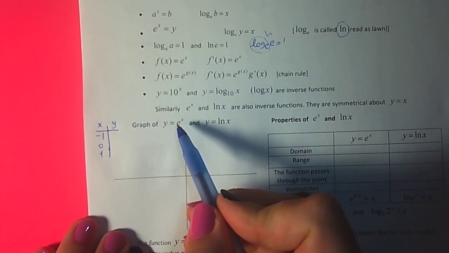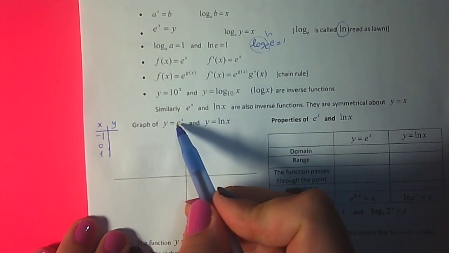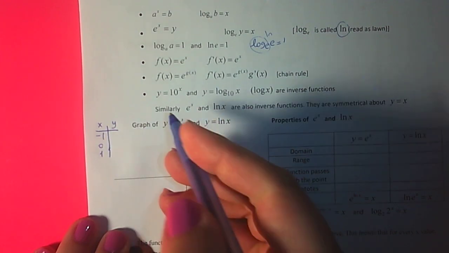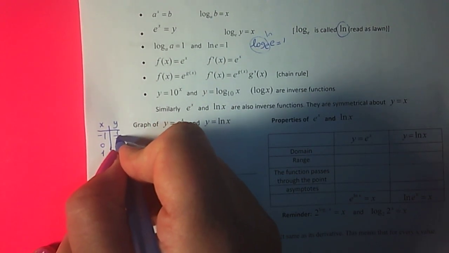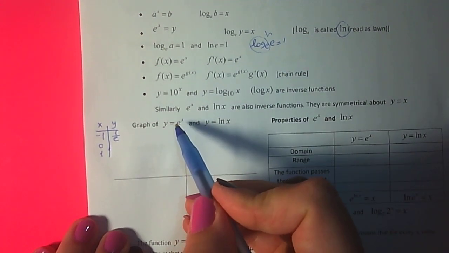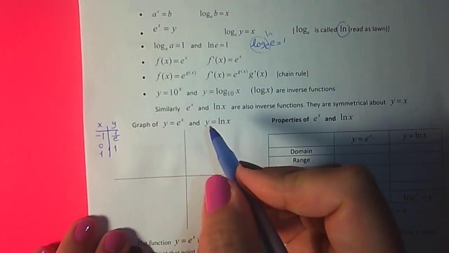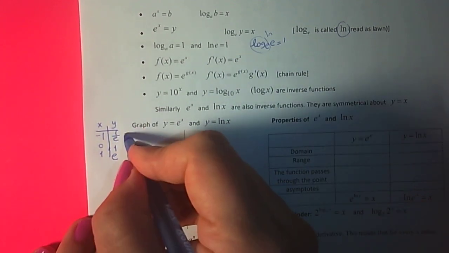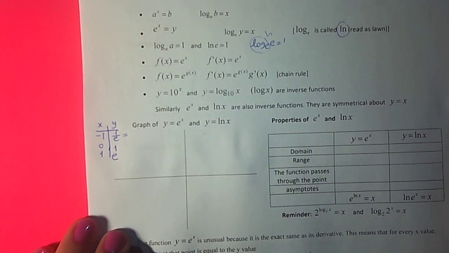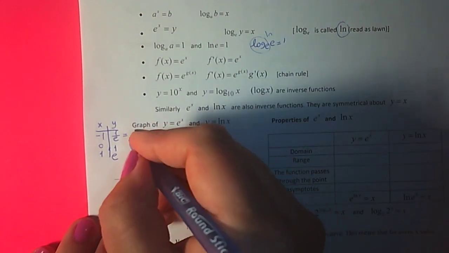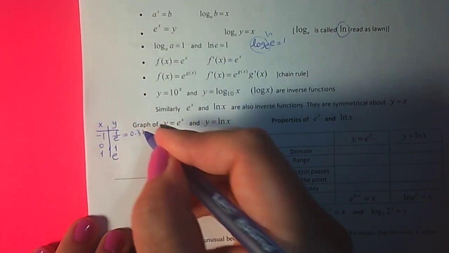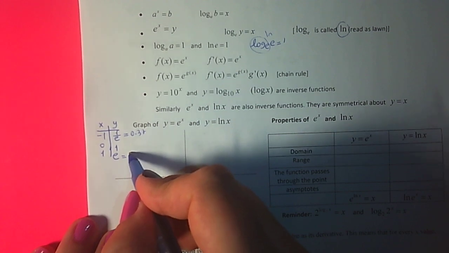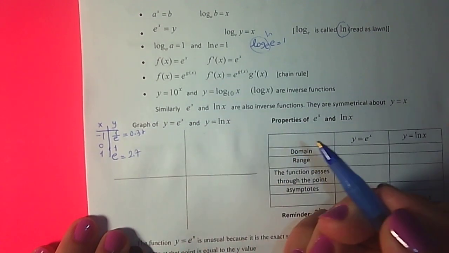When x is -1, e to the power of -1 gives you 1 over e. e to the power of 0 gives you 1. e to the power of 1 gives you e. 1 over e, if you do it with your calculator, is around 0.37, and again e is approximately 2.7.